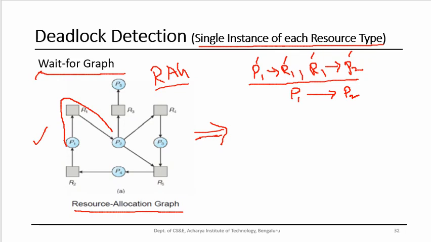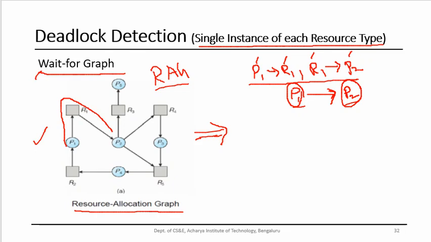So here you will only have processes as nodes. If there is an edge from one process to another process, it means that the process P1 is waiting for a resource which is being held by P2. Okay, that is the meaning of this one.